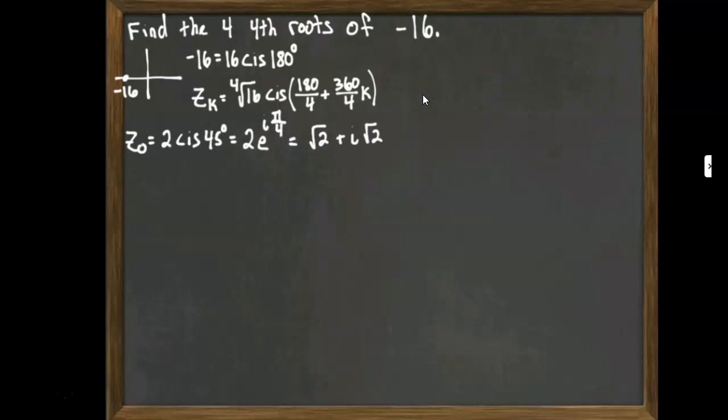Z0 would be 2 CIS 45 degrees because k is 0. Now if you're putting this in exponential form, the angle has to be in radians, so that would be 2 e to the i pi over 4. You can write it either way.